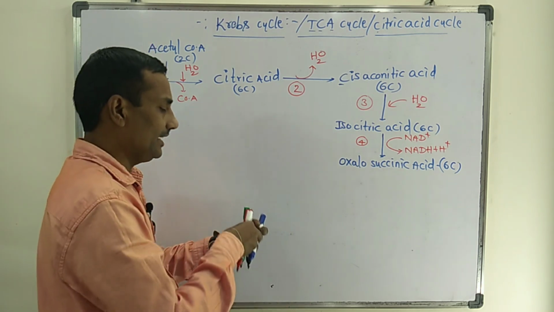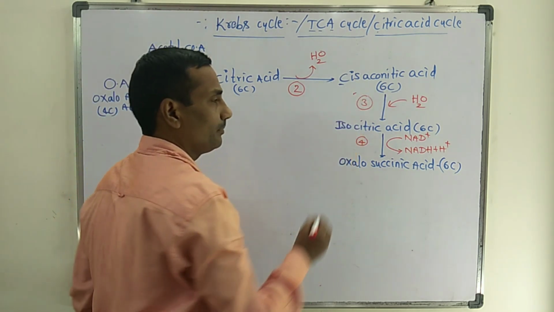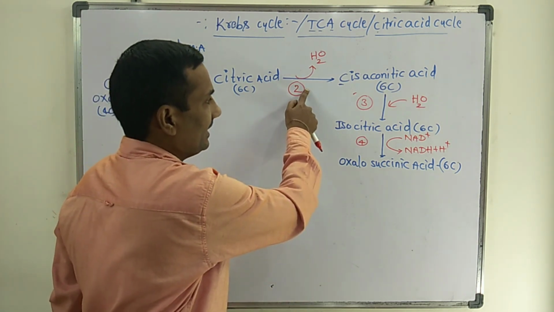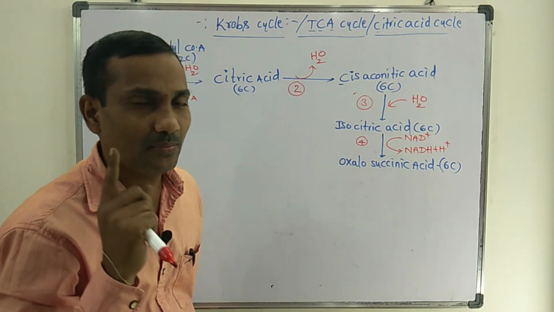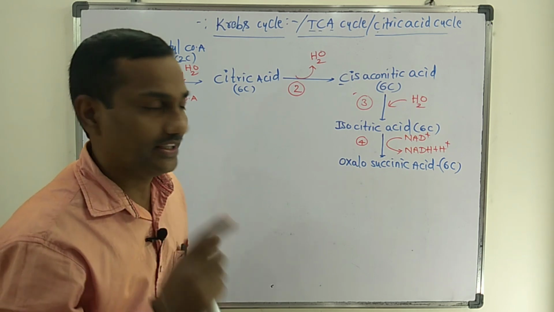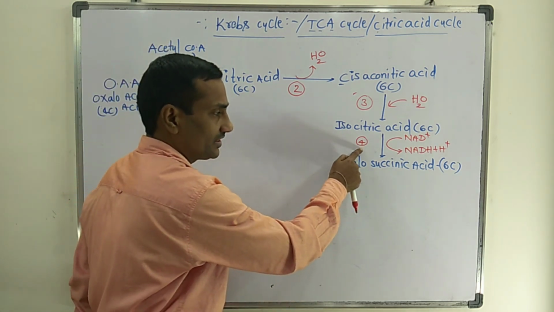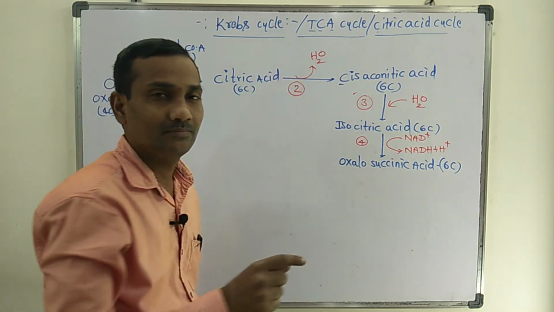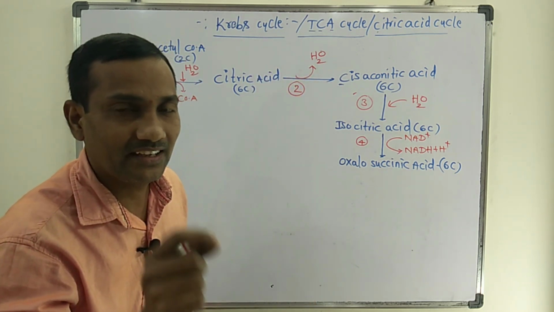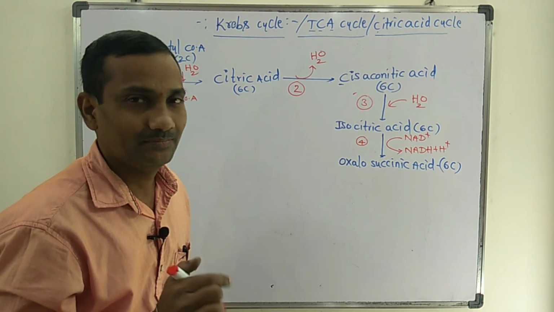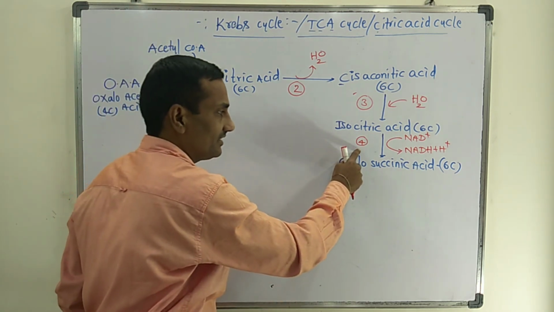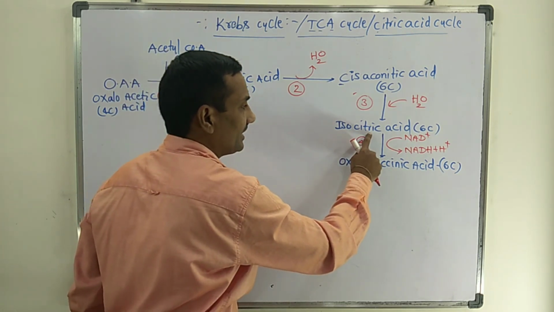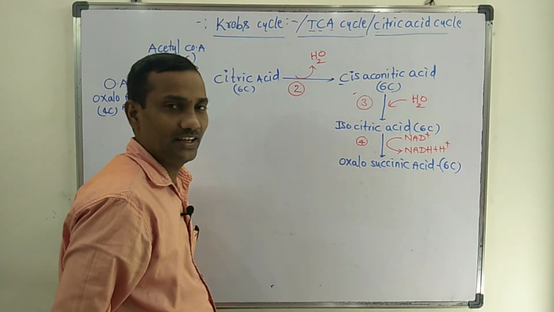Here, once you see the enzymes, the third step is catalyzed by the aconitase enzyme. Second and third steps are catalyzed by the same enzyme, aconitase. Whereas the fourth step is the first oxidation in the Krebs cycle. That oxidation step is catalyzed by isocitric dehydrogenase.